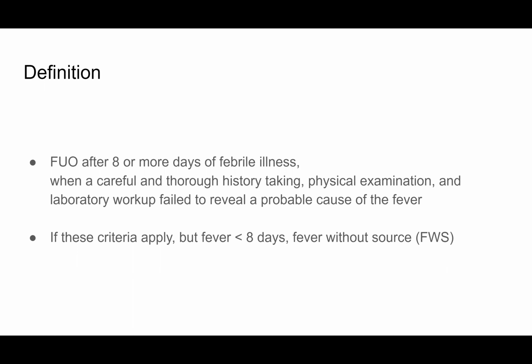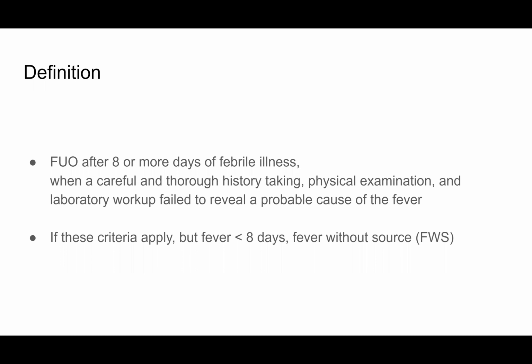At present, if it is at least 8 days, we can take it as a pyrexia of unknown origin, provided we have covered all the history, all the physical examination properly, and the lab work has been done stepwise. But even if a child is less than 8 days, we can take up this child for further investigation.